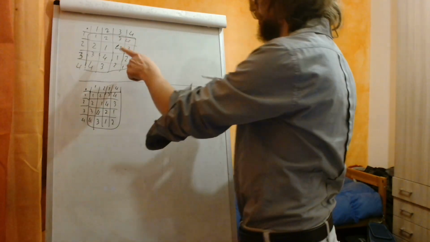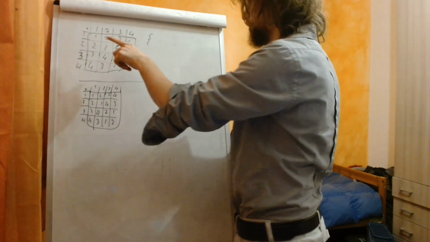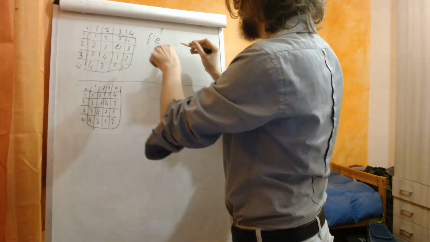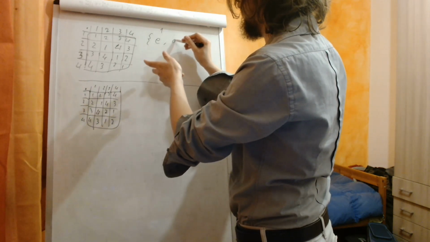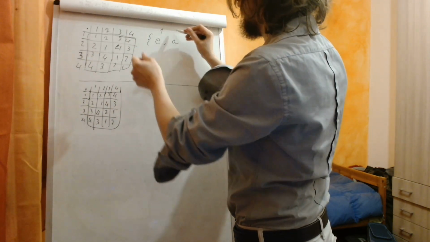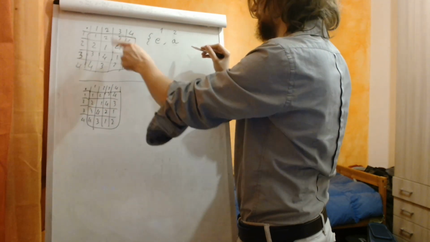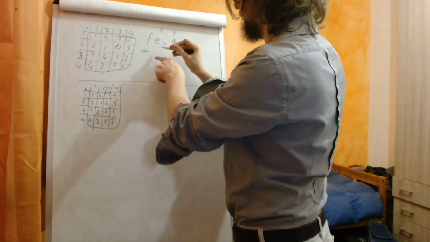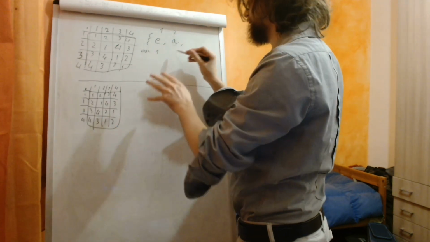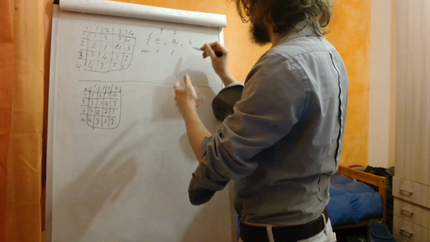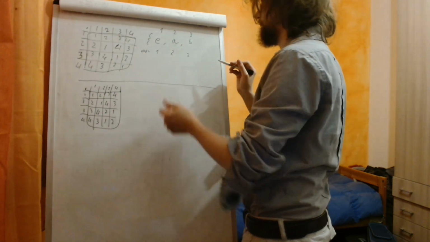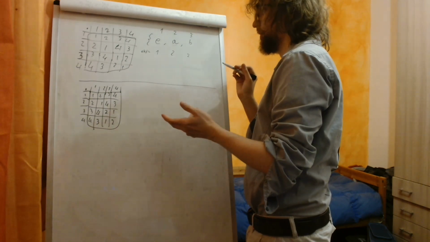So we can write this group like this. This is the group where all the elements have order 2. So we have the identity, which is 1. We have another element, a, which is, let's say, 2, and a squared is 1. So 1 is the order of the identity, 2 is the order of a, another element of order 2, which is b, let's say 3, and b squared equals e.